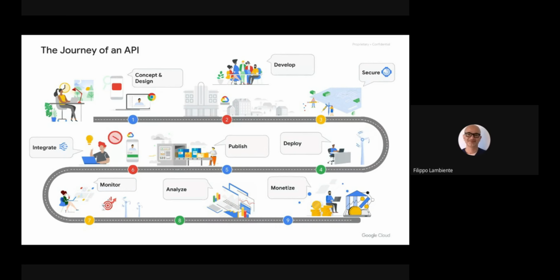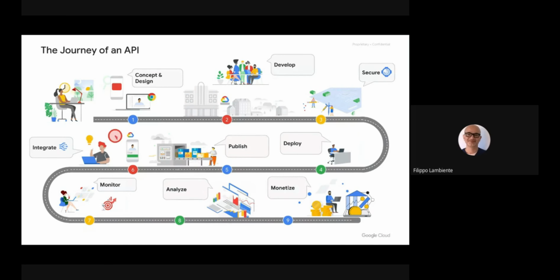Then there will be the deployment aspect, the monitoring, and as I mentioned before, for some of these products an organization may decide to apply also a monetization aspect, adding a tariff plan, a rate plan, so that they will also be able to generate direct revenue by the use of this product.